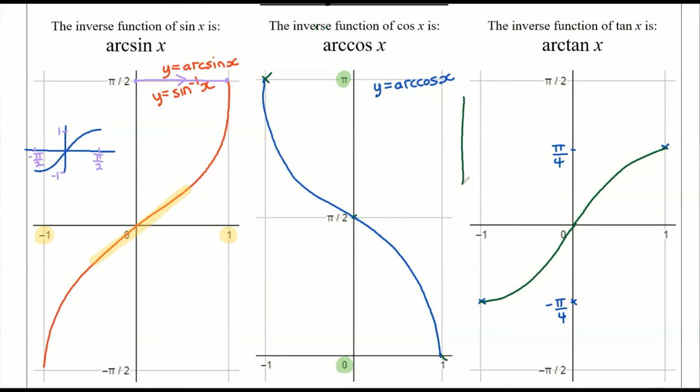But if it was a slightly wider domain, which I can't fit on here, which I'm just going to draw on here, like so, the arctan graph would look something like this. Okay, so it would be more like that, and you would have horizontal asymptotes there and there at -pi/2 and pi/2.